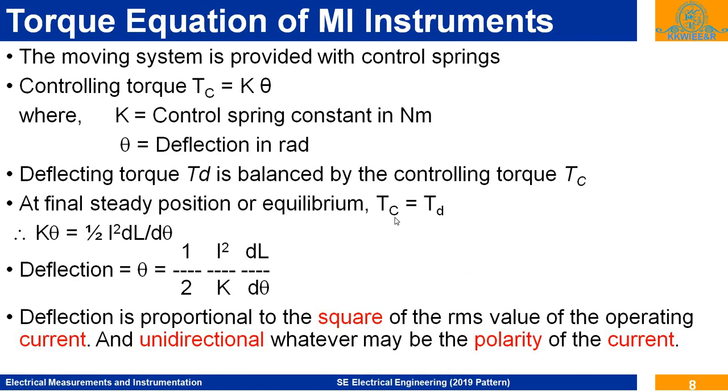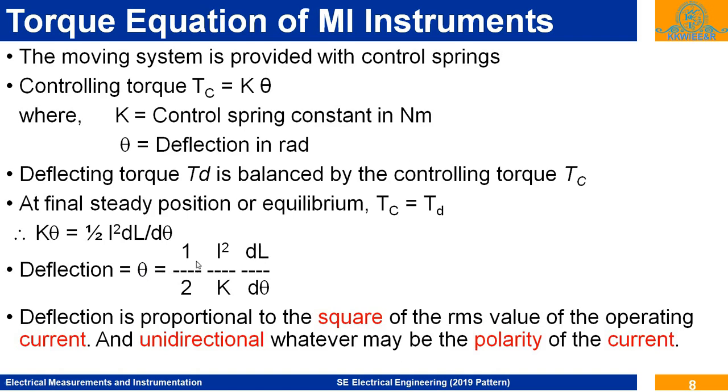So this spring balances the deflecting torque. We substitute Tc equal to k theta and Td equal to 1/2 I square dl by d theta, and we find the deflection theta.